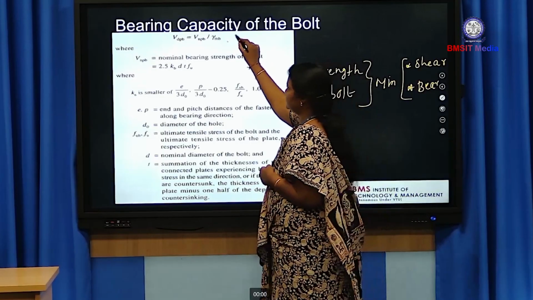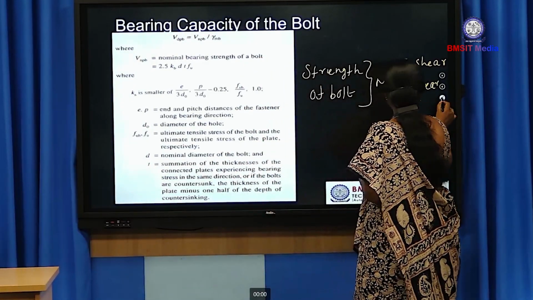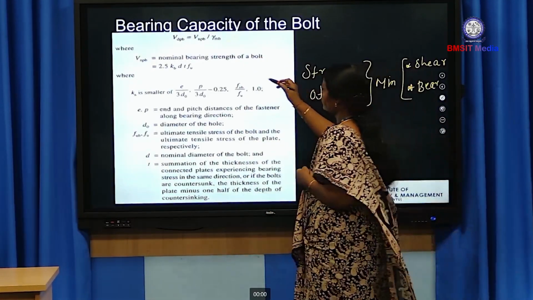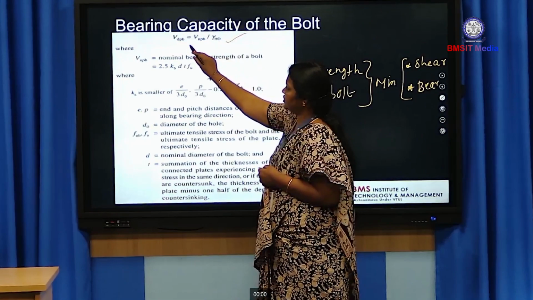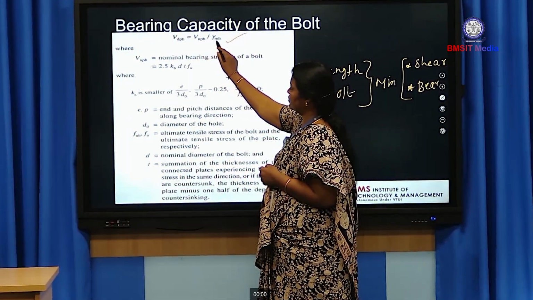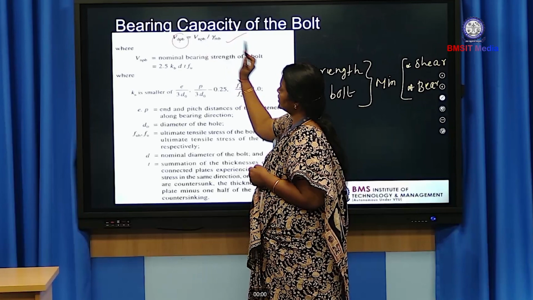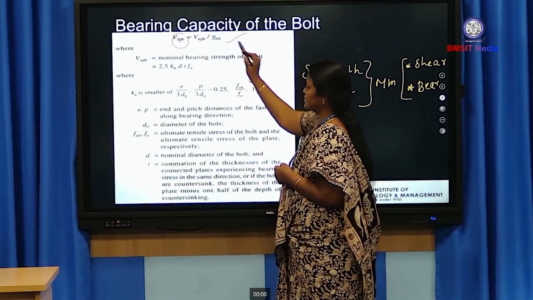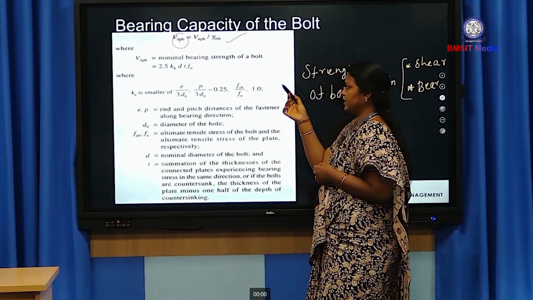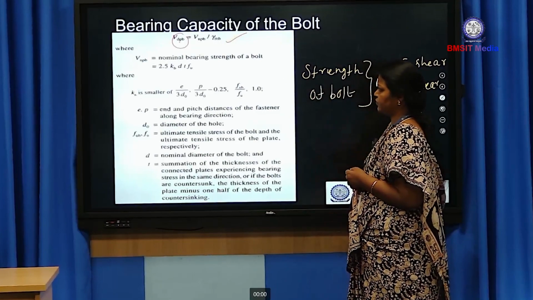This formula is available in IS 800-2007, that is Vdpb = Vnpb divided by gamma mb. Vdpb is the design bearing capacity of the bolt, D means design. Vnpb is the nominal bearing capacity of the bolt. Gamma mb is the partial factor of safety of the bolt, 1.25 only.